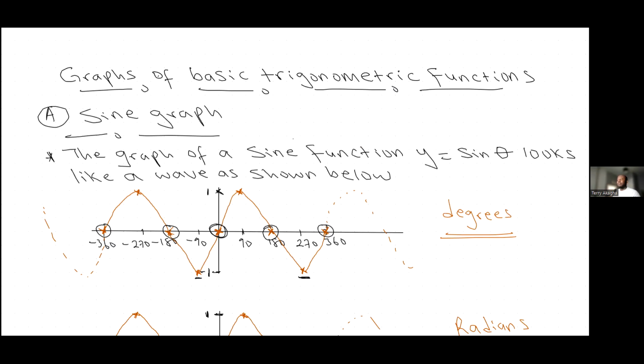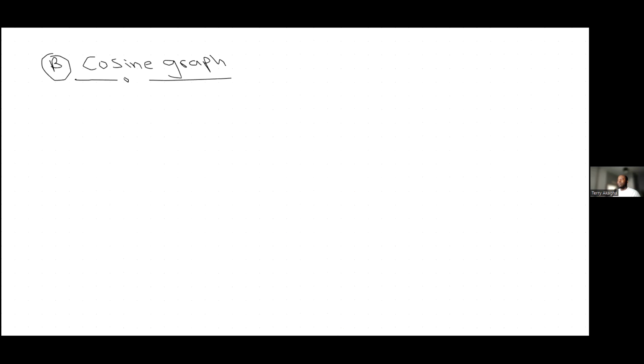So for the graph of a cosine function, y is equal to what?